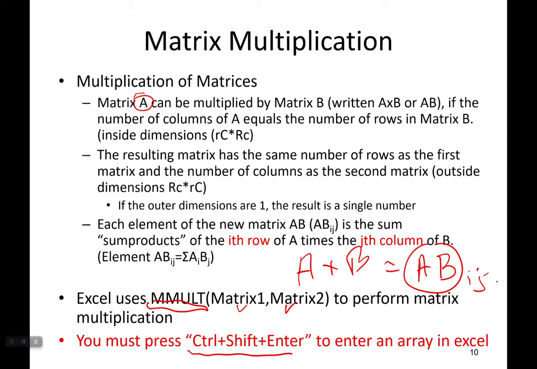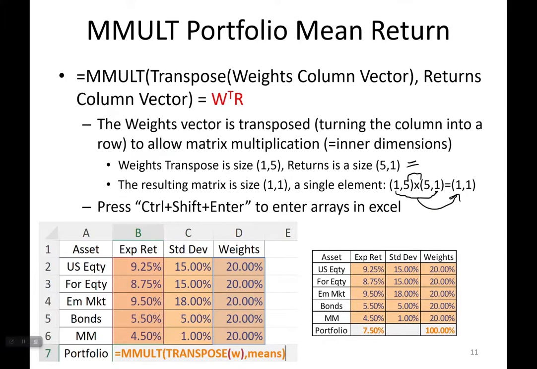So what are we doing with all this? Well, I want to calculate portfolio mean return using matrix algebra. And this is really just to give you an idea of how matrix algebra works, because I can really just use sum product, but I really need this tool to calculate portfolio volatility in a few minutes. So we could calculate the portfolio mean.